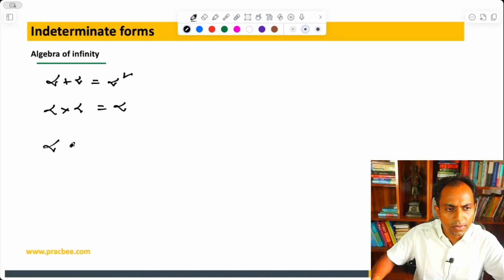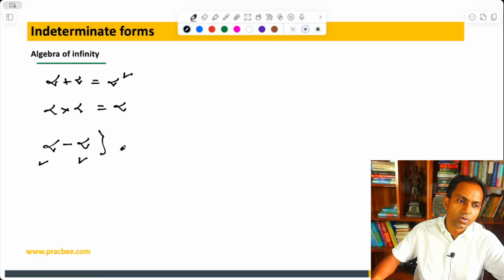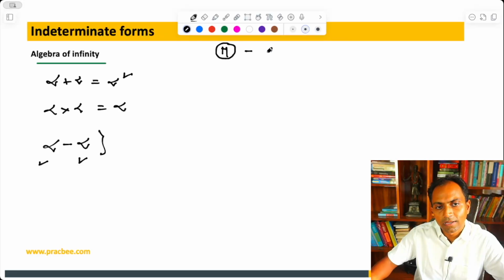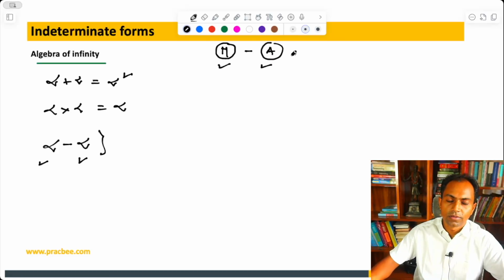But if I subtract two very big quantities, I don't know what is going to be the answer, because it depends upon how big the first quantity is and how big the second quantity is. Got it? So let us say Mukesh Ambani is a very rich person and Adani is also a very rich person. Both of them have infinite amount of wealth compared to me.